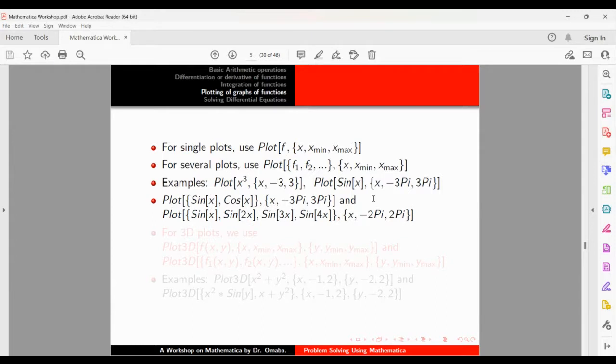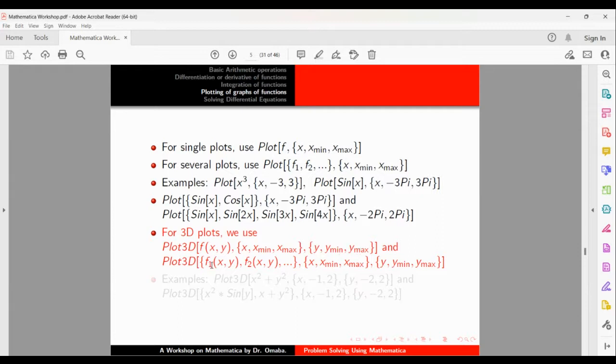Now for two-variable functions, we use 3D. So in this case, you say plot 3D. You write the function, then you write the variables.